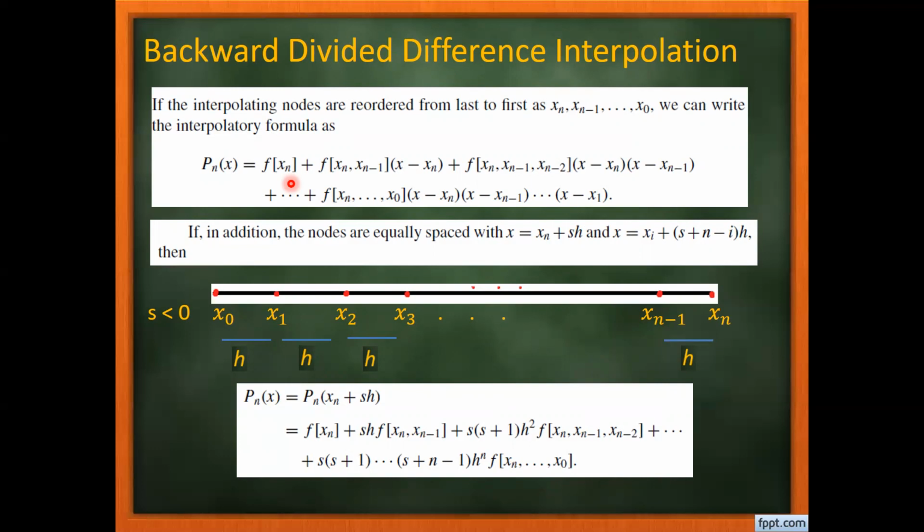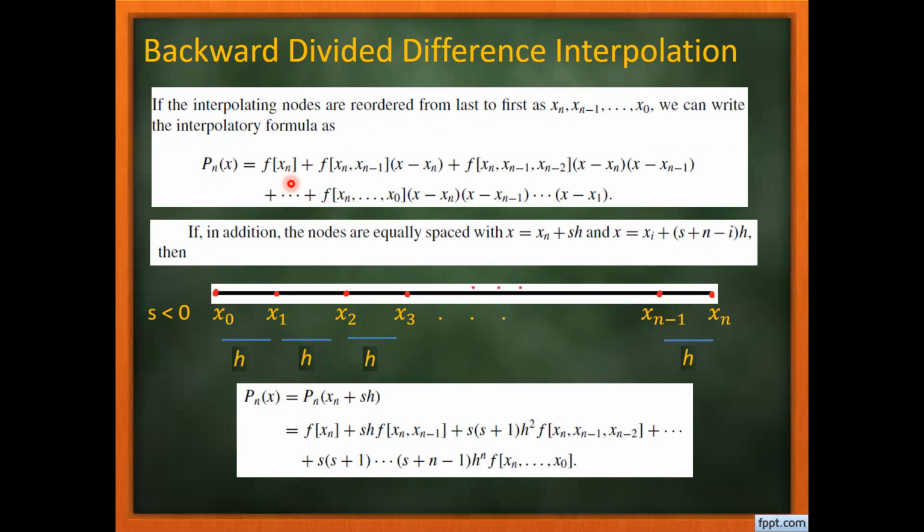The only difference is that this time we are not going to use the divided difference functions at the x0 node. As we have chosen xn as our reference point, we will take the divided differences at the xn node. So throughout your formula, we just need to replace x0 with xn.